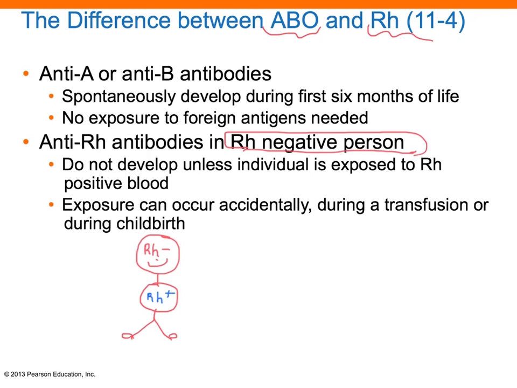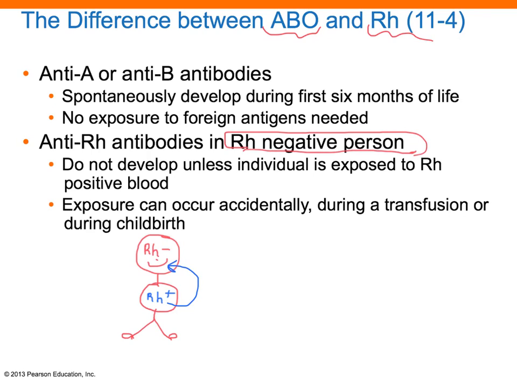However, at birth, or if there is a miscarriage, the placental membranes that separate the maternal blood from the fetal blood during the pregnancy can tear. And some of the infant's RH positive blood cells can enter the maternal circulation, like I just illustrated here.